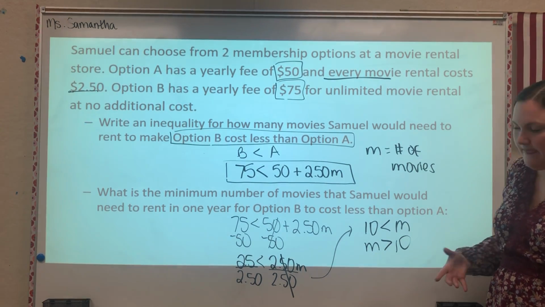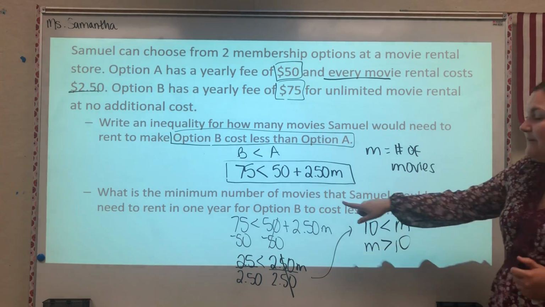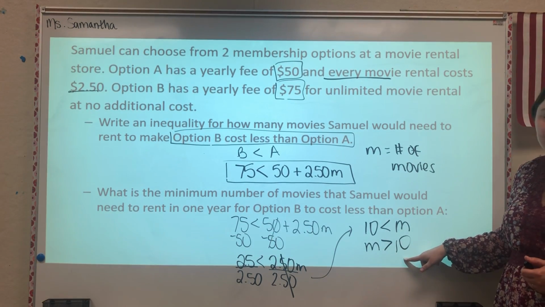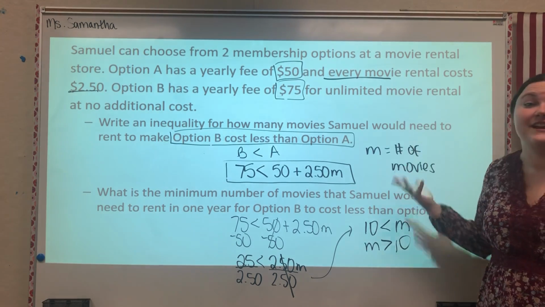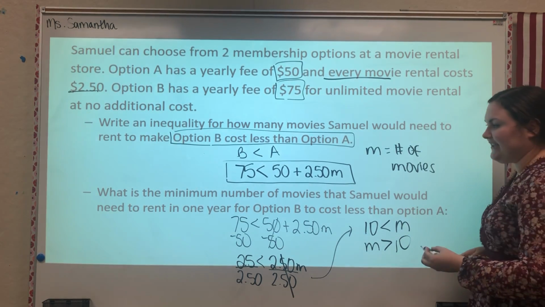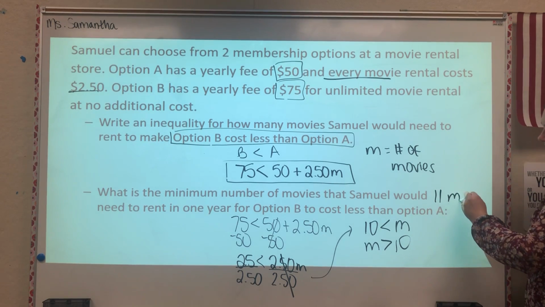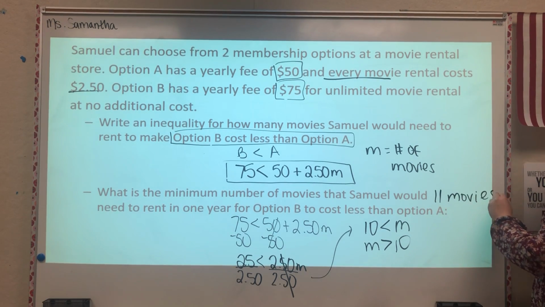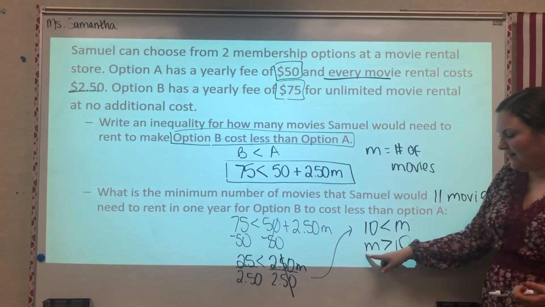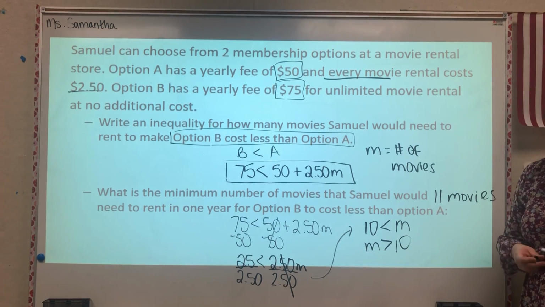It's equal. There are lots of numbers of movies he could get that are greater than 10. Remember the example I said at the beginning, he could get 1,000 movies. But the minimum number of movies he could get would be 11 movies. That is the minimum number, the smallest number, that is greater than 10.